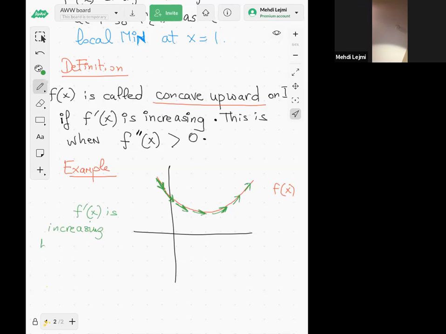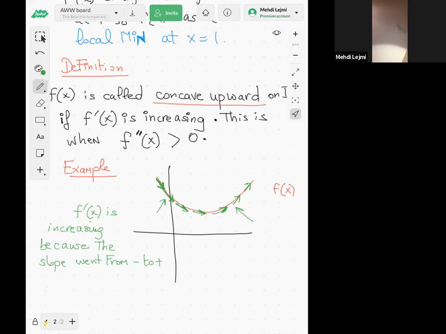Because you see here the slope is negative, and here the slope is positive. So your derivative went from negative to positive. So your derivative is increasing, right? Because the slope went from minus to plus, right?